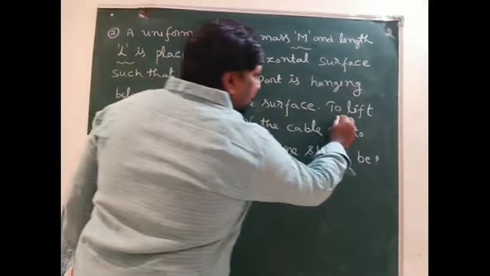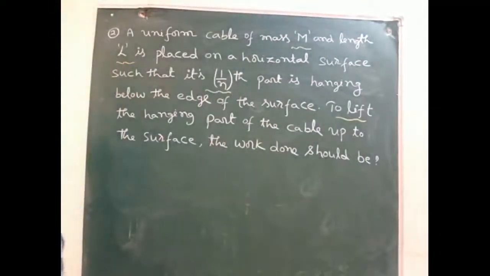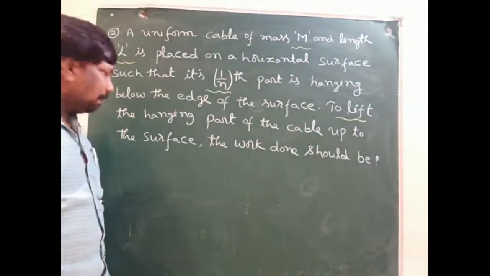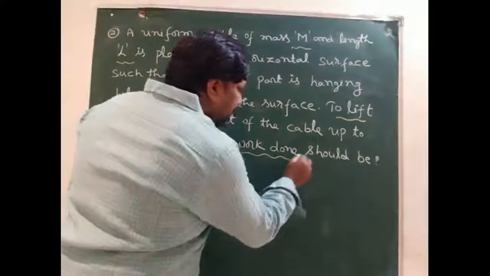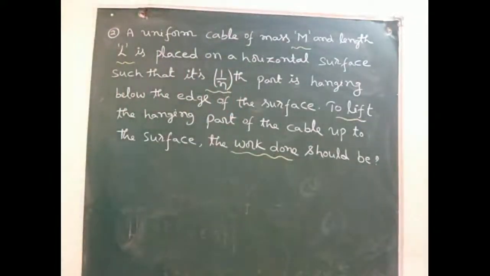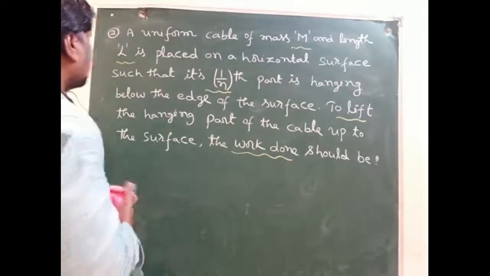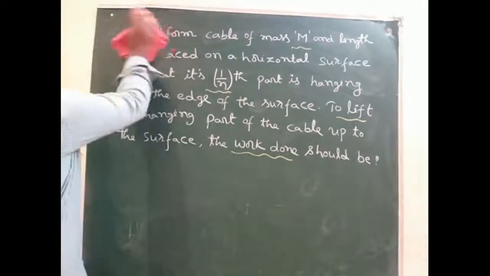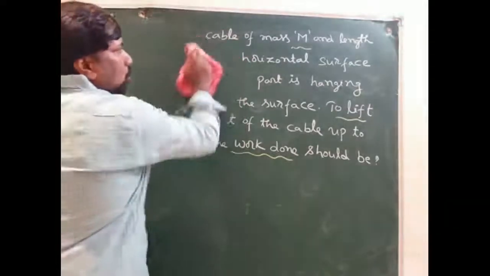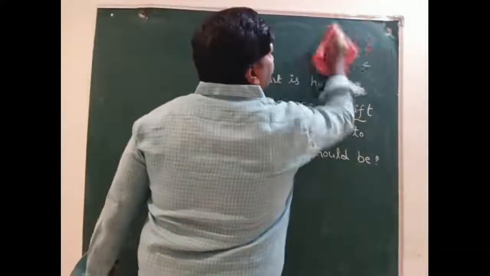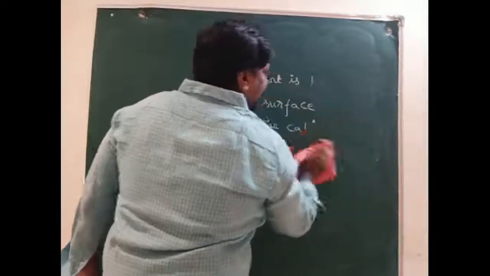To lift the hanging part of the cable up to the surface, the work done should be. Okay. Now in this problem, total mass of the cable is capital M. Total length of the cable is capital L.